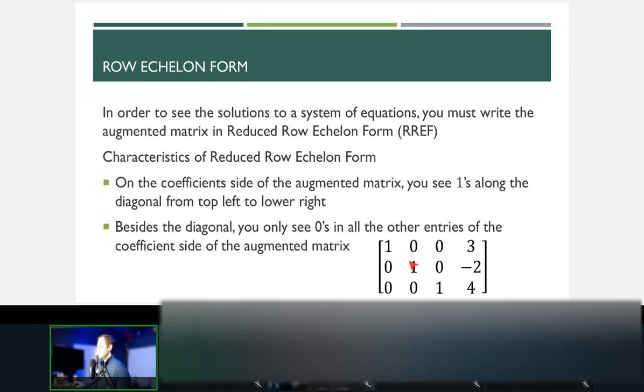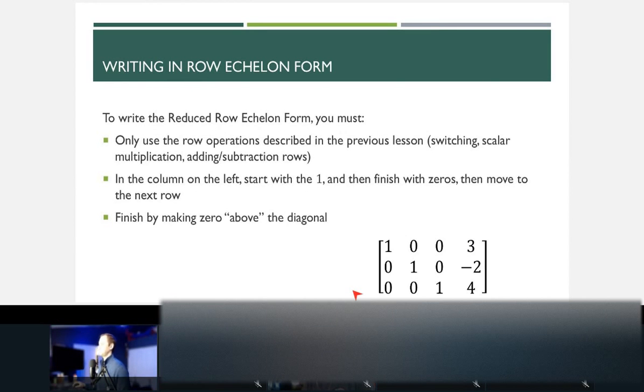So you're probably wondering, how do we actually get here? Well, lots of row operations. Here are some general rules to follow when using row operations to get here, in no particular order. First, only use row operations described in the previous lesson. Remember, we can switch rows, use scalar multiplication, and add or subtract rows together.